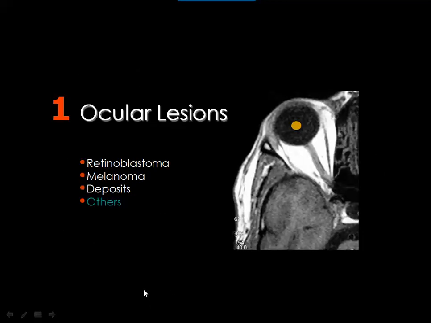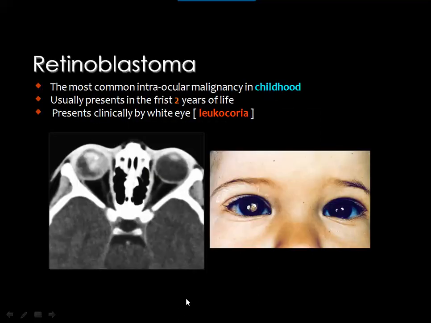Starting with ocular lesions, meaning the lesions that occur inside the globe. And we have important lesions, and then we'll discuss some of the other lesions that can be seen also within the globe. We have the retinoblastoma, melanoma, metastatic deposits, and a few other lesions.